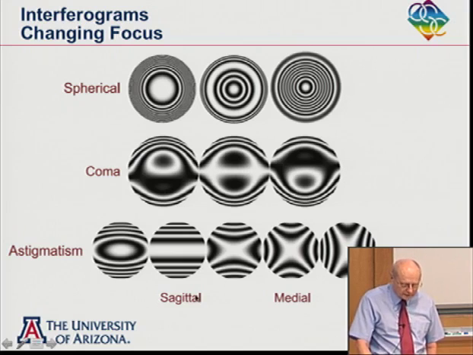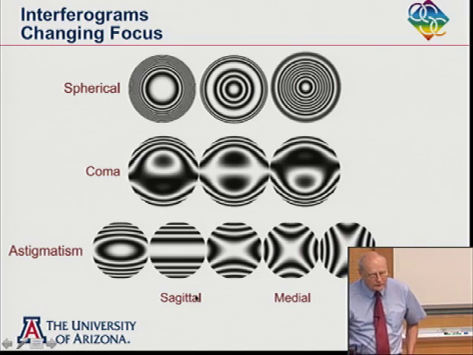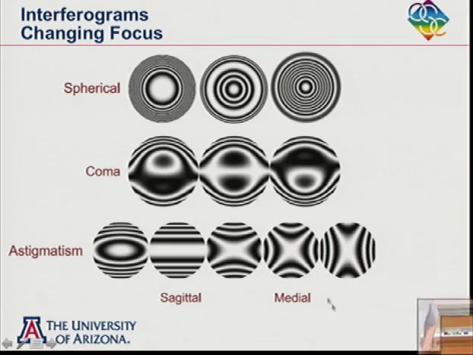Astigmatism becomes exciting again. Here's the medial focus. So this is where we'd have our saddle-shaped surface, concave in one direction, convex in the other. And if I add a little curvature, I can tend to make this wider spaced here and closer spaced there.